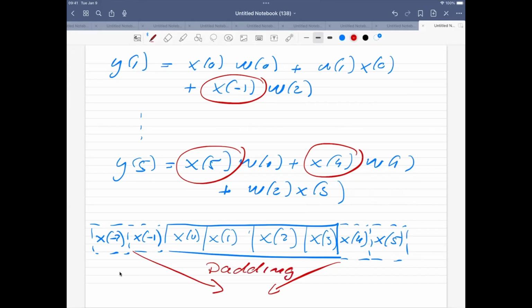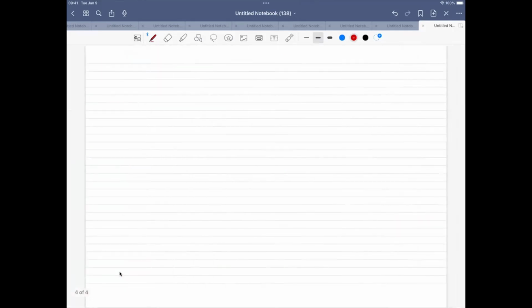And that introduces a parameter. That parameter becomes a hyperparameter, which is normally fixed when we run the calculations. And then you could tune it by changing the calculation. So this is a hyperparameter P for padding. So that means that for this specific case, what we had is a so-called padded vector where we now have added two elements to each side.